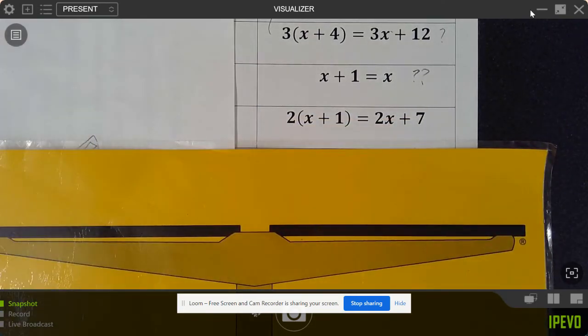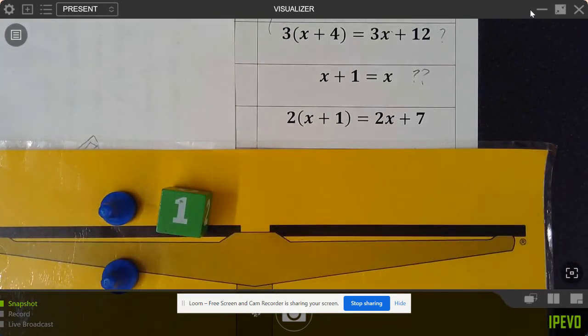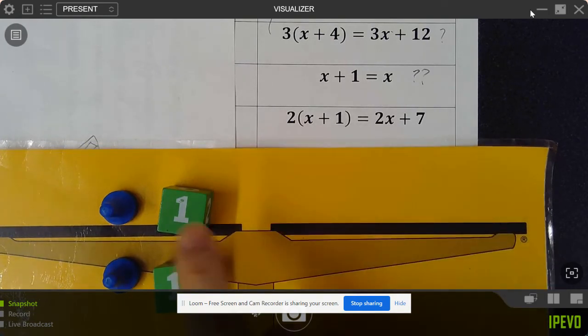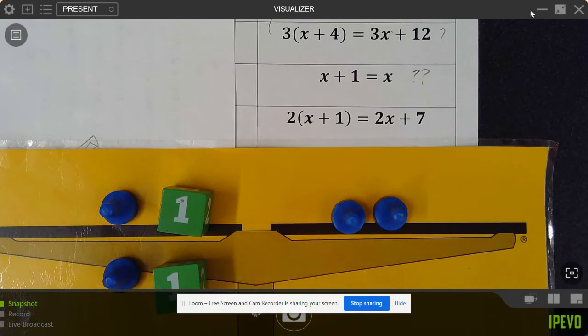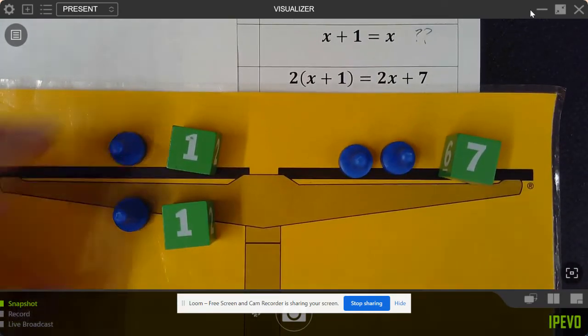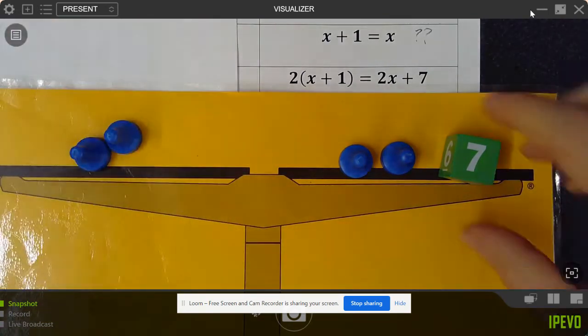Let's look at this one. This says x plus 1, x plus 1. There's 2 of them. And over here I have 2x plus 7. Well, I'm going to combine this to make 2x plus 2. And then I take away 2 from this side, and then this becomes a 5.